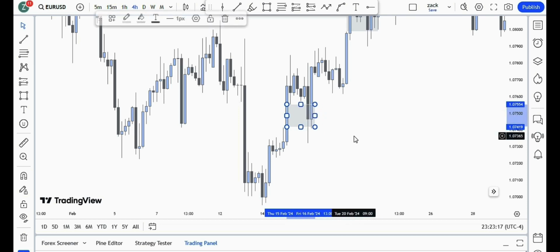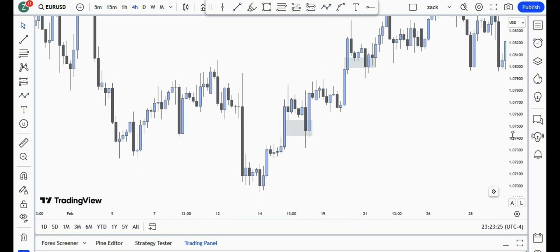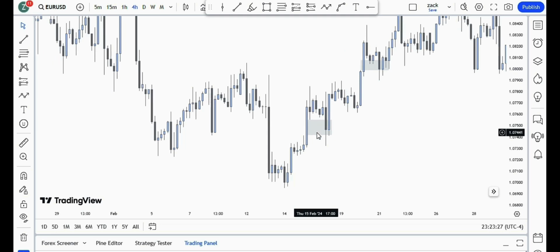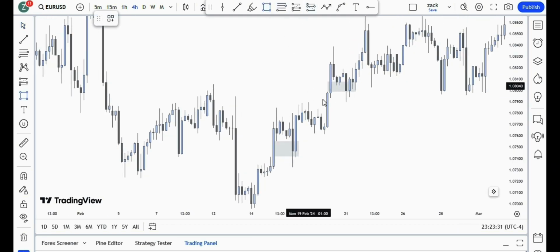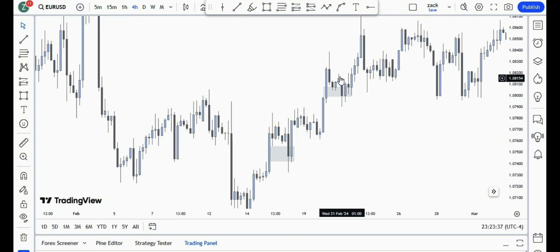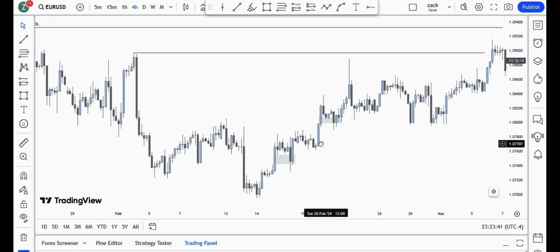So I either use the inverse fair value gap or the normal fair value gap. But for beginning, you can start with this one. So price targets either this one or this one. All you have to know is that the deeper price gets into it, the better.